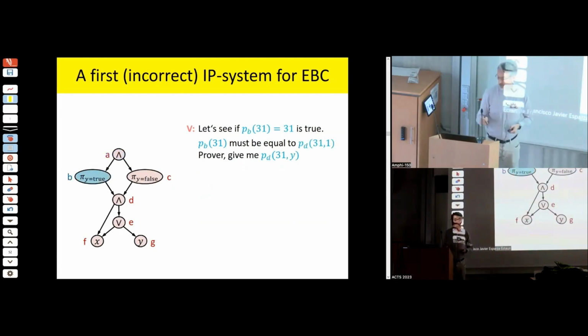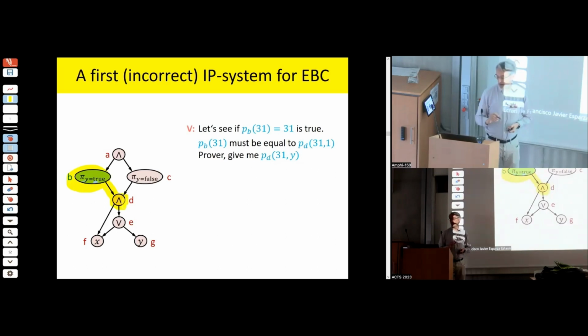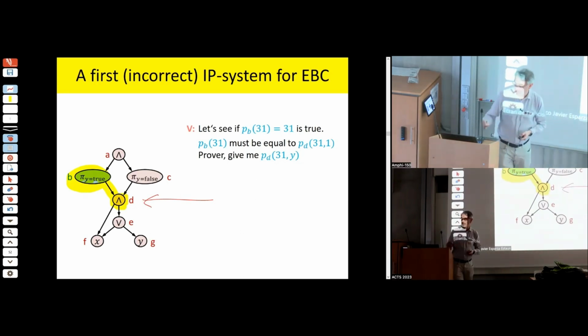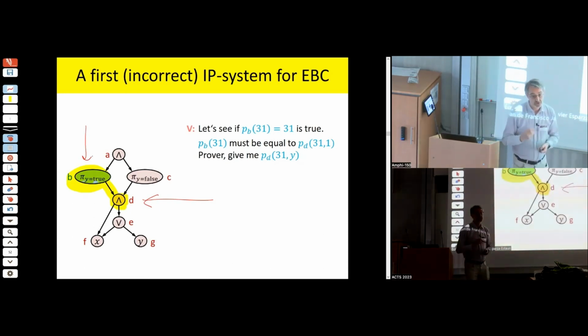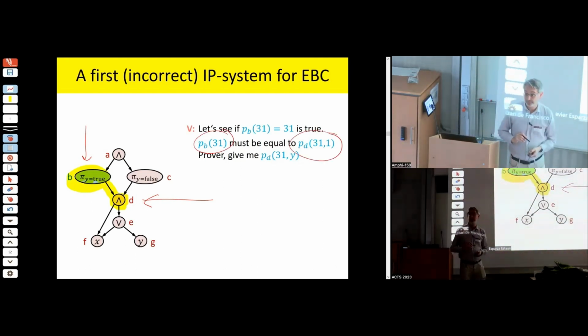So let's see if PB of 31 is true. And then let's look at the circuit. For PB, the polynomial here is a polynomial on two different variables, X and Y, right? And you obtain the polynomial here by evaluating Y to 1. So the polynomial PB of 31 should be equal to PD of 31, 1.